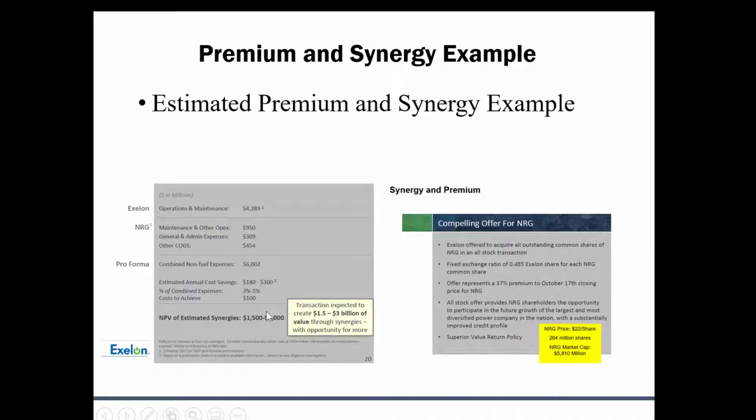If you took this and assumed that it was a perpetuity, the savings never grew, and they were the same, at the discount rate, I can't remember what it was, then you got the answer.